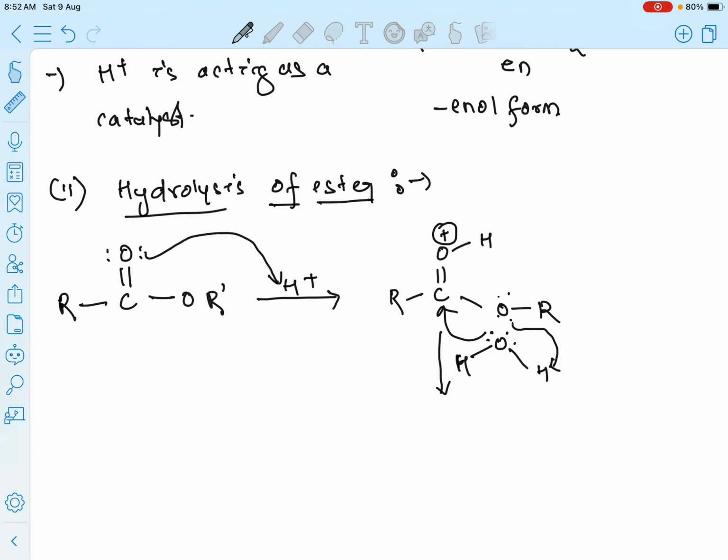So as a result, what will happen? There is simultaneous breakage of the carbon-oxygen pi bond here.